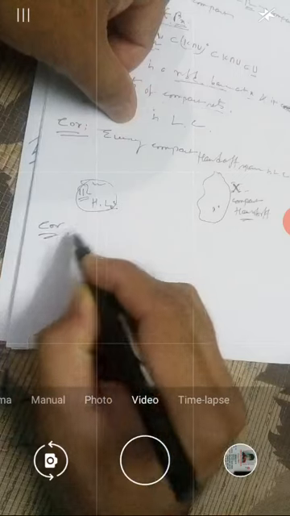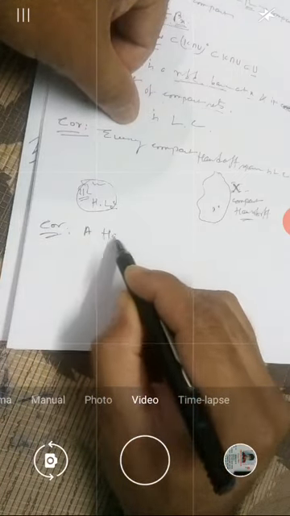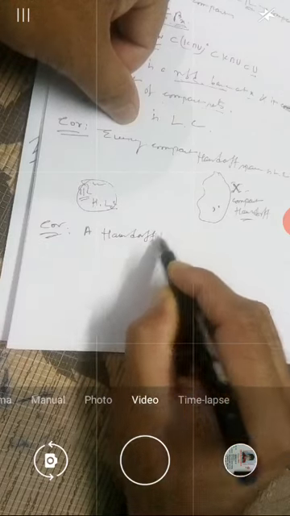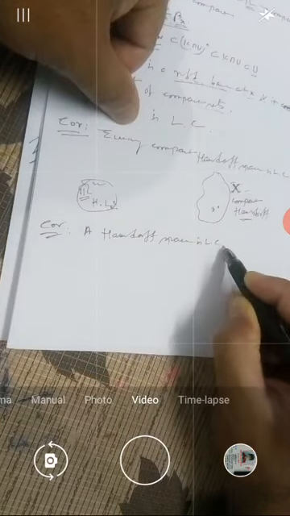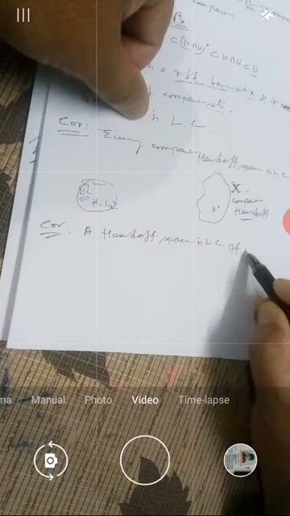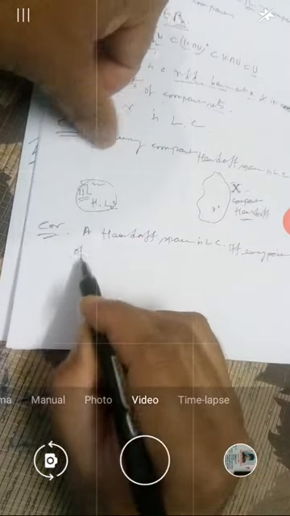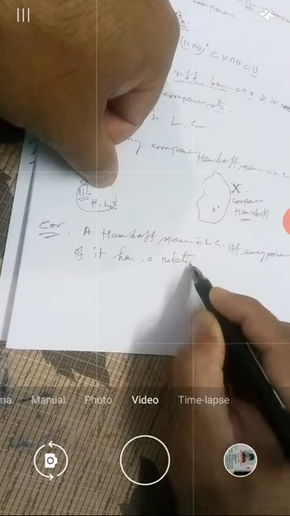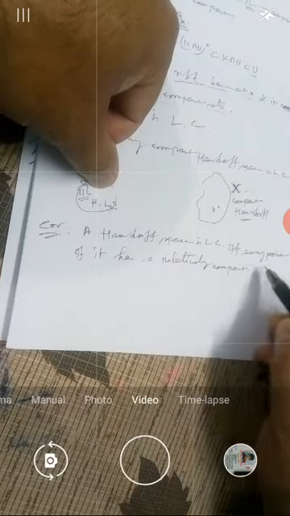So another corollary is: a Hausdorff space is locally compact if and only if every point of it has a relatively compact neighborhood.